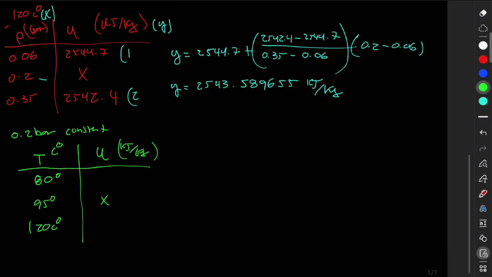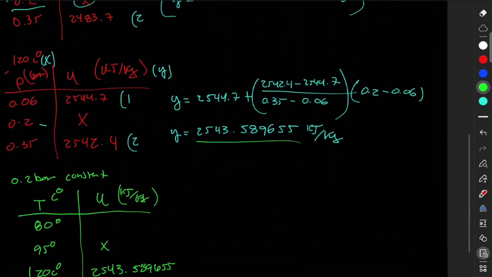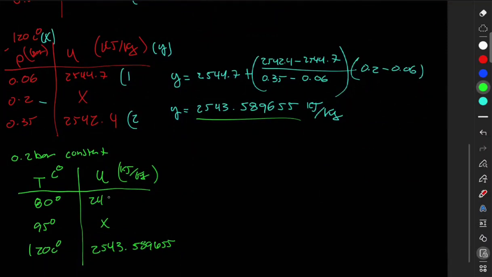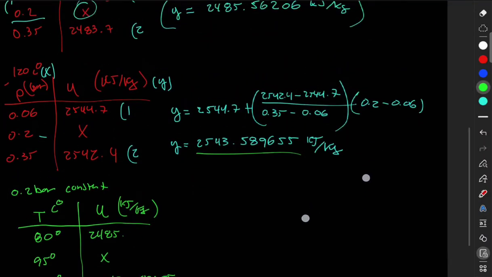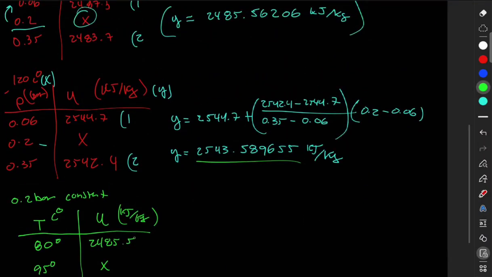but now we know we have a 120 at 2543.58955, and then 80 is 2485.56206.